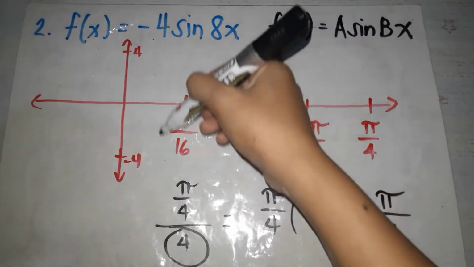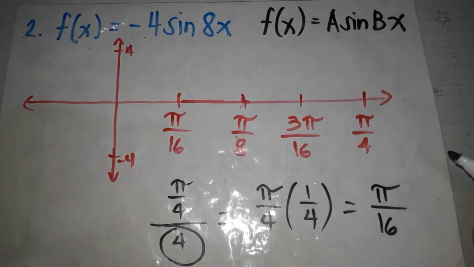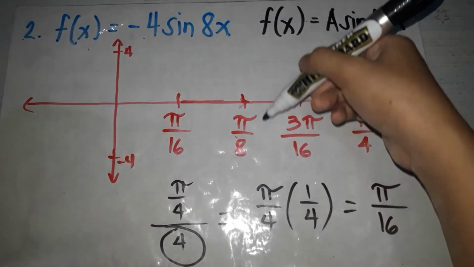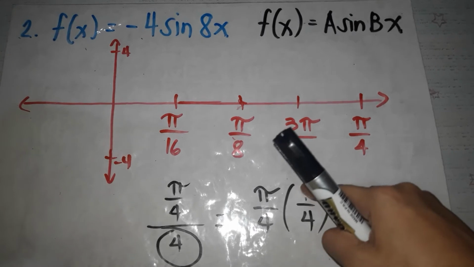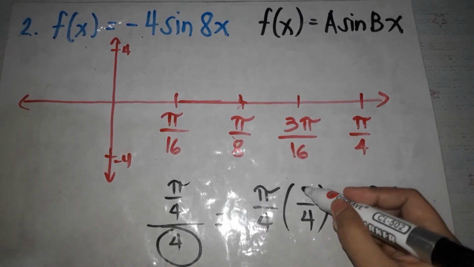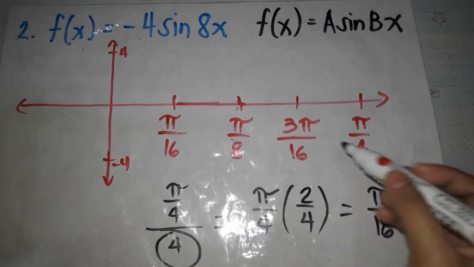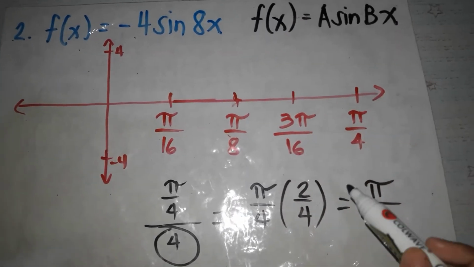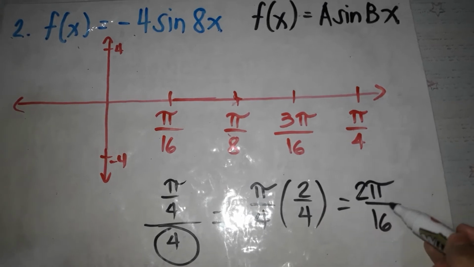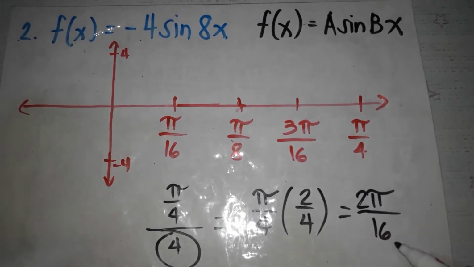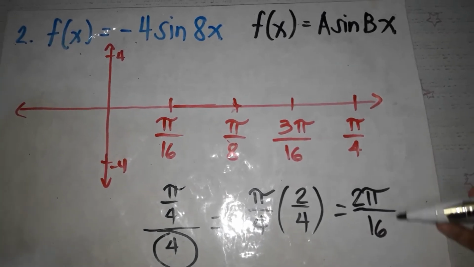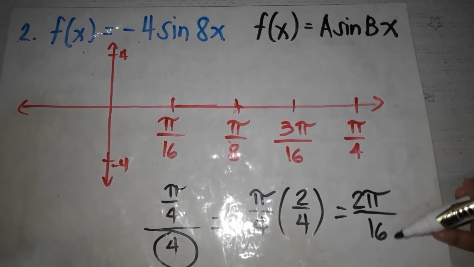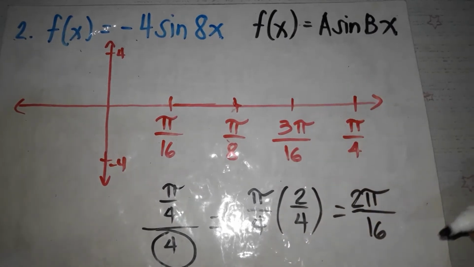Meaning, this is pi over 16. Next, pi over 8. How did we get that? That is from times 2/4, because it's the second quarter. So pi times 2 is 2 pi, 4 times 4 is 16. 2 and 16 can be divided by 2, so we get the lowest term, pi over 8.